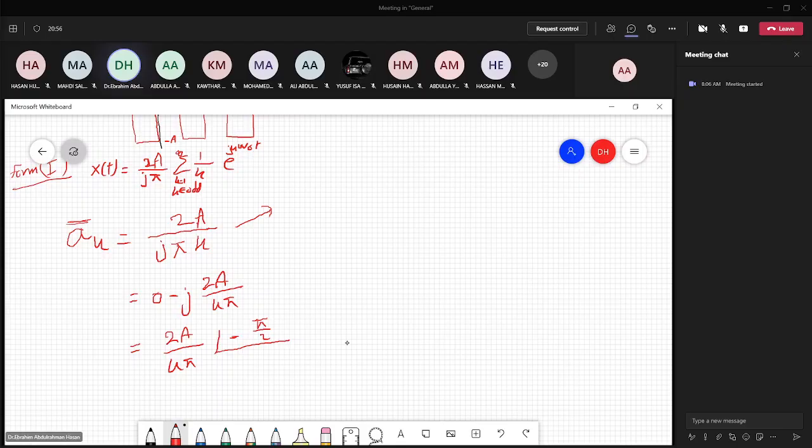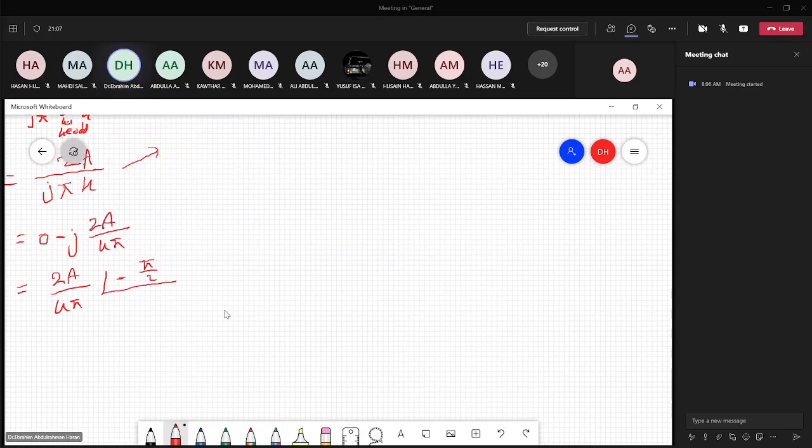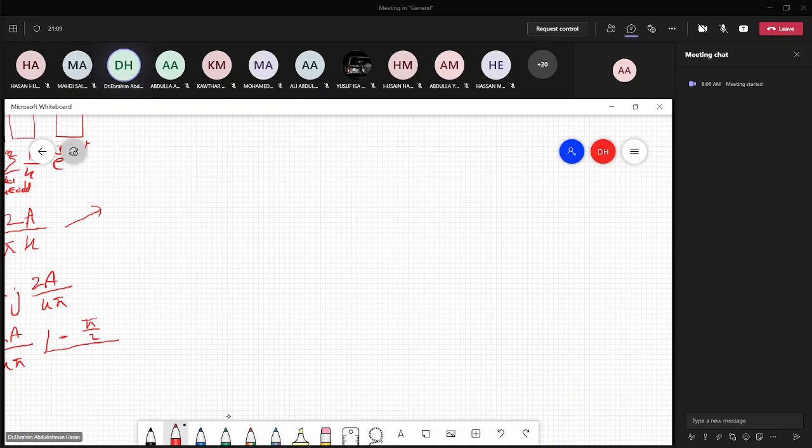So the magnitude is equal to 2a over k pi, and the angle equals minus pi over 2. Notice now the magnitude of a k equals 2a divided by k pi.